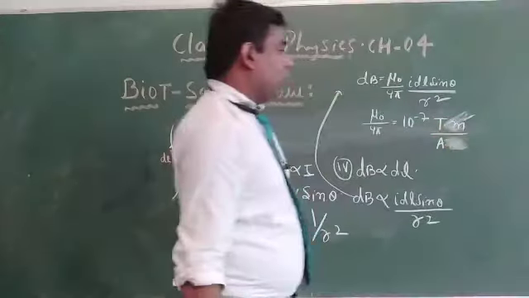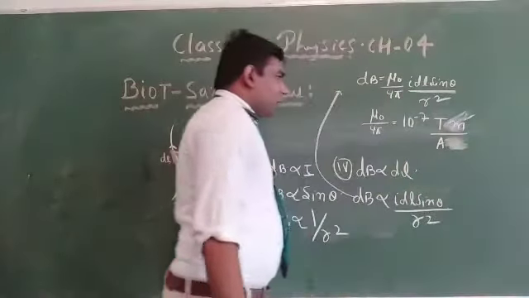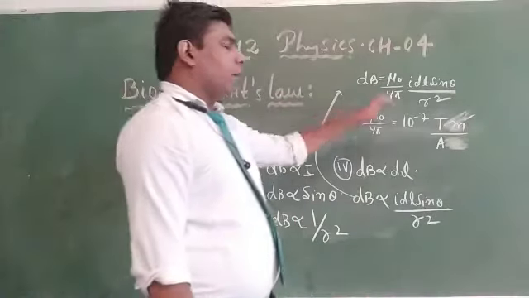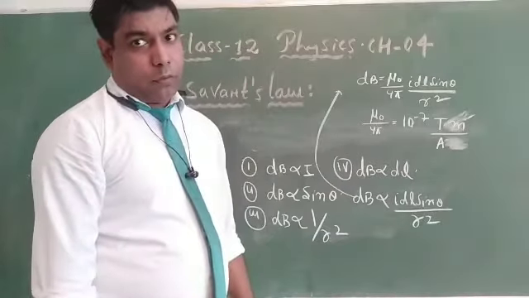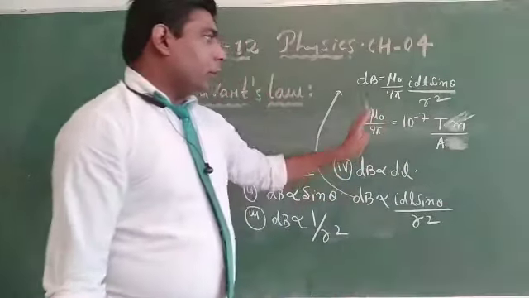So it will be Tesla meter per ampere, or you can write it in a different form also, because magnetic field can be written as Weber per meter square also. So you can write it in Weber per ampere meter also. Its value is fixed, 10 to the minus 7.